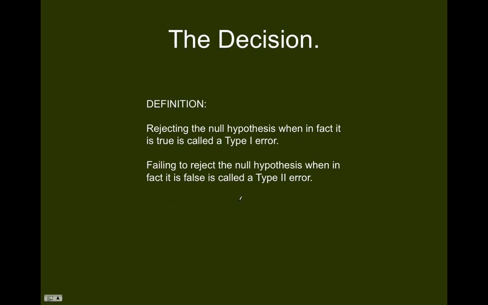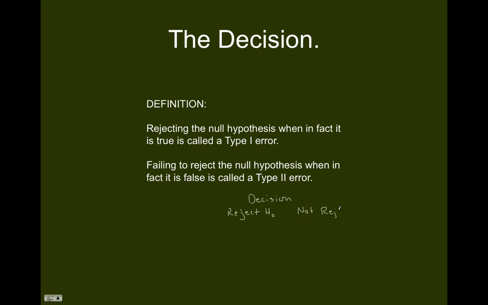So let me reproduce this table. In statistics, it's confusing actually, because we have something we call the decision, all right? And its decision will be either to reject H naught or not reject H naught.